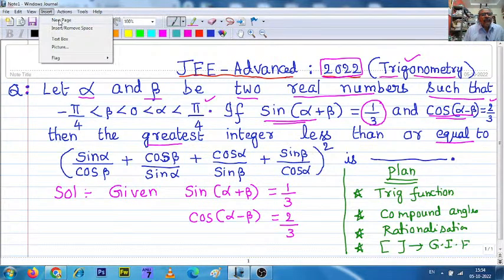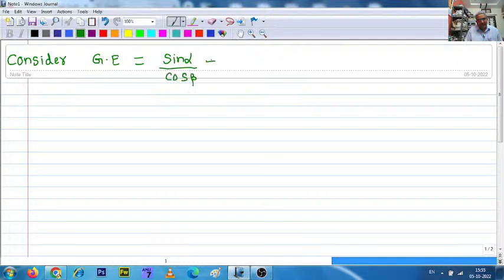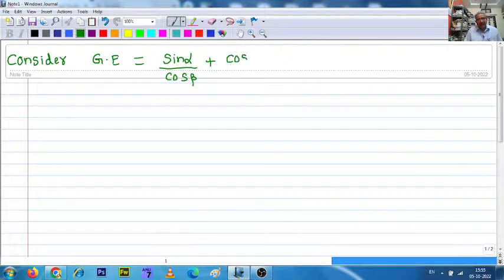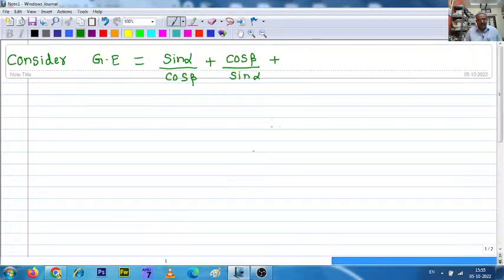Consider the given expression: sine alpha by cos beta, plus cos beta by sine alpha, plus cos alpha by sine beta, plus sine beta by cos alpha, and whole square.